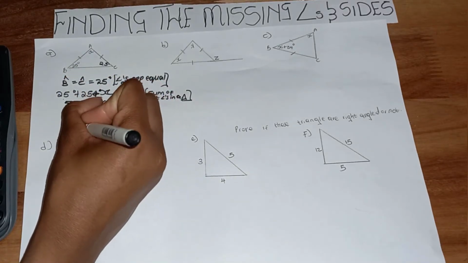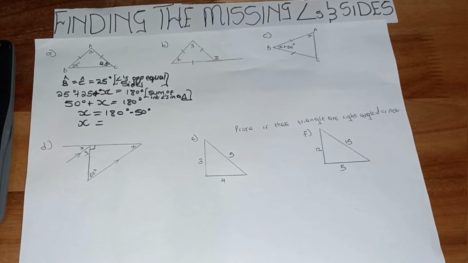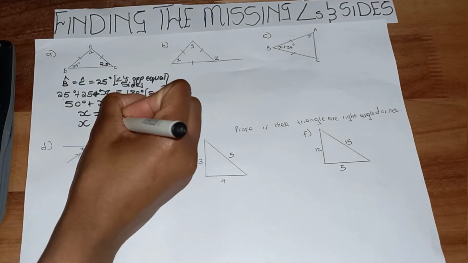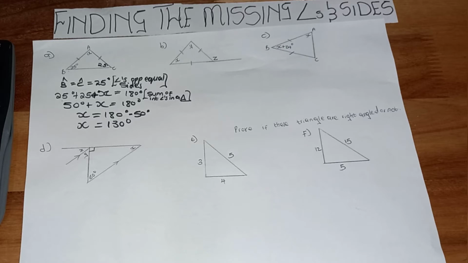So now let's solve: X equals 180 minus 50, which is 130 degrees. This angle X is 130 degrees. Please do remember that my drawings are not drawn to scale. So now let's move on to letter B.